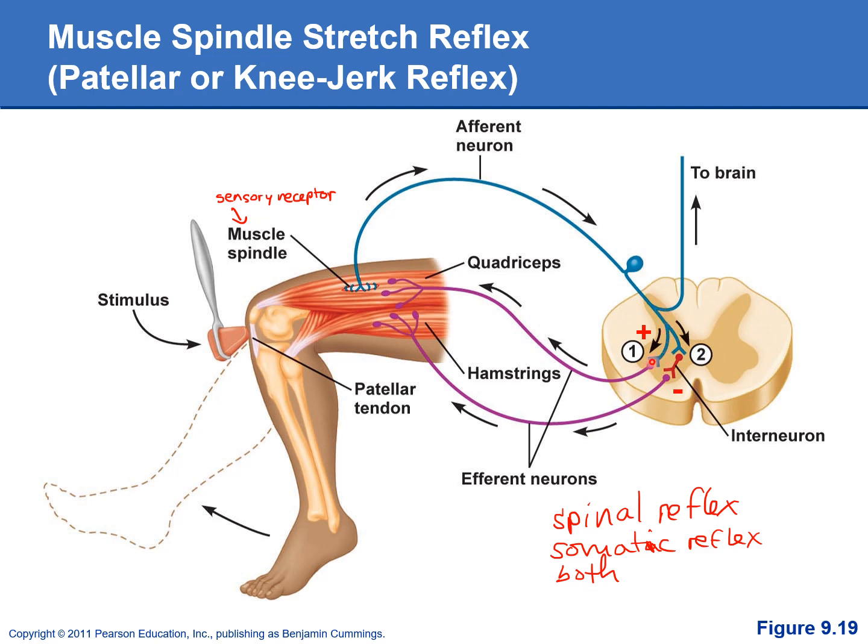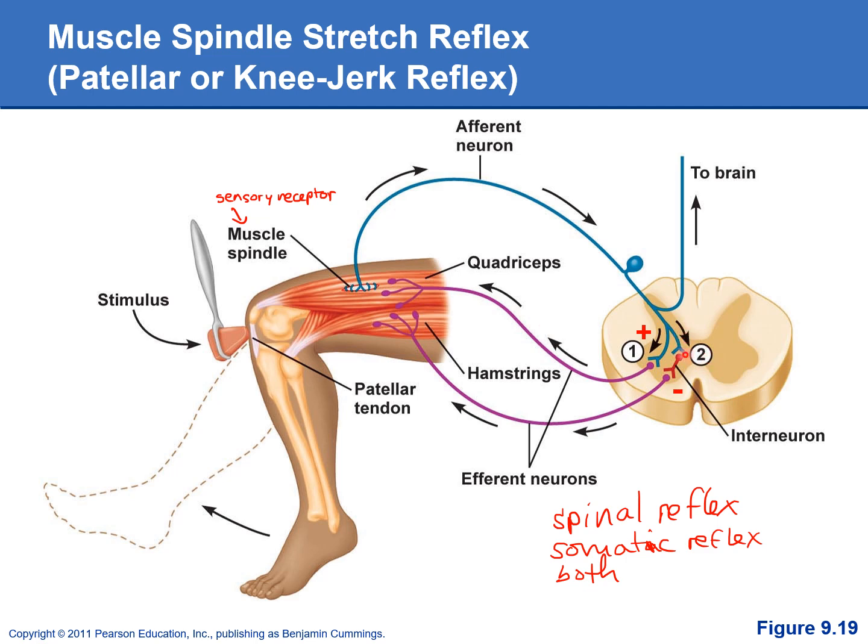So on this knee-jerk reflex, this synapse going out to the quadriceps muscle is the only monosynaptic reflex in the body. That's it. So you've just got the one synapse between the sensory neuron and then the motor neuron.